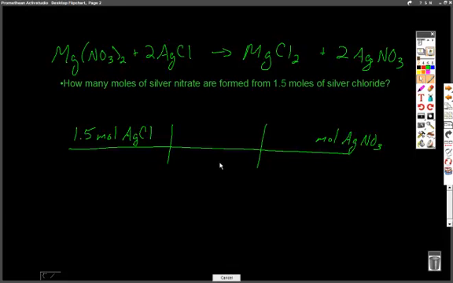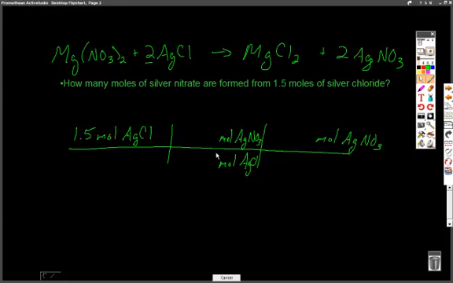What we're going to do is, as always with dimensional analysis, the label we want to get rid of goes in the bottom, and the label we want to solve for, the silver nitrate, is going to go on top. Then we look back to the original equation here, and what we are looking for is the coefficient written in front of each of these.